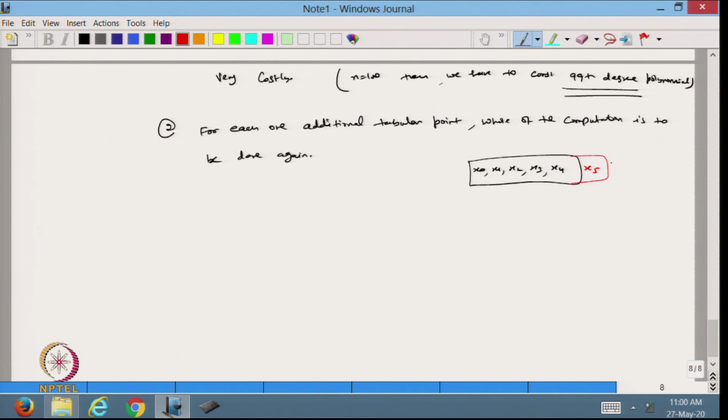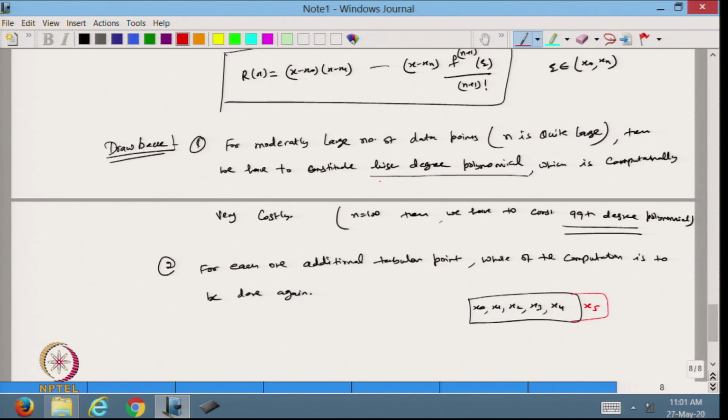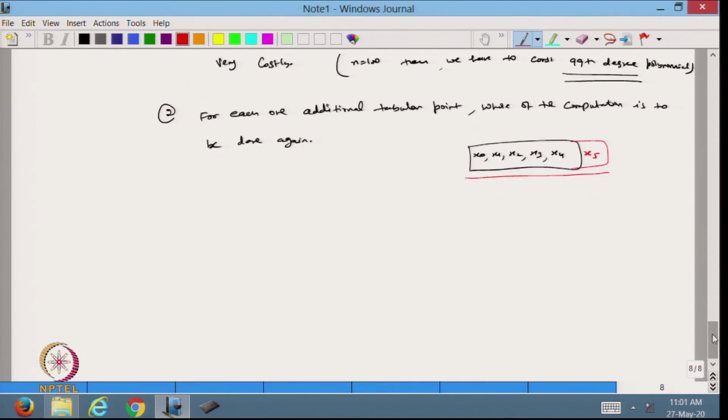That costs a lot, so it can be told that it is computationally costly. That is another drawback of this one. So the first drawback was the higher degree polynomial, and the second drawback was that adding one more point needs the whole process to be repeated again.